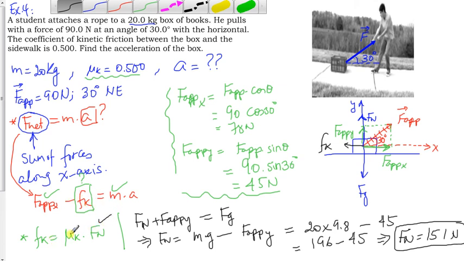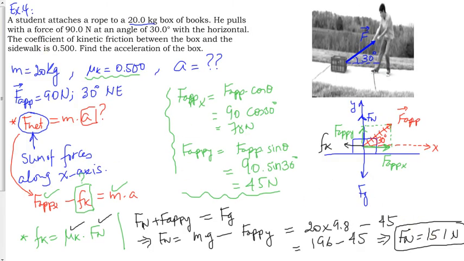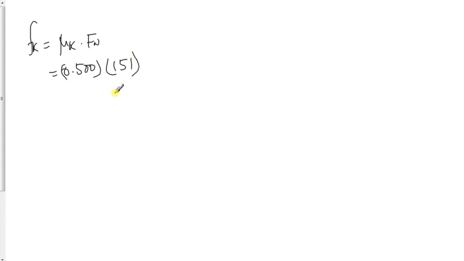So I got this. I have given mu k. Now I can find Fk. Fk equals mu k times Fn. Mu k is 0.500 times Fn. How much is Fn? 151. 0.5 times this is half of this number. Half of 150 is 75 and the one gives 0.5, so 75.5.